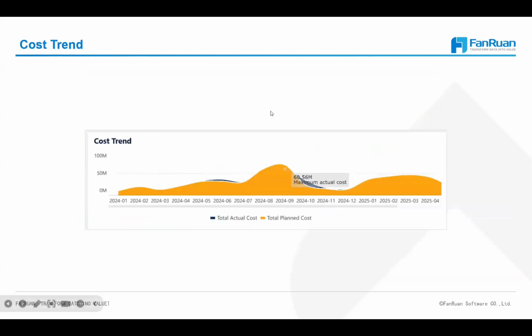And the third part is the cost trend. I also want to see the contrast between the actual cost and the planned cost, whether the planned cost already covered the actual cost or not, or if the actual cost exceeded the planned cost. Here I'm going to use this area chart to display.